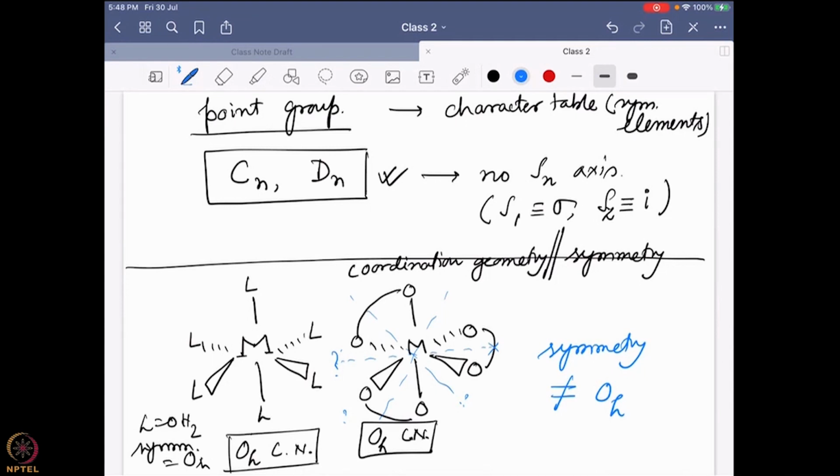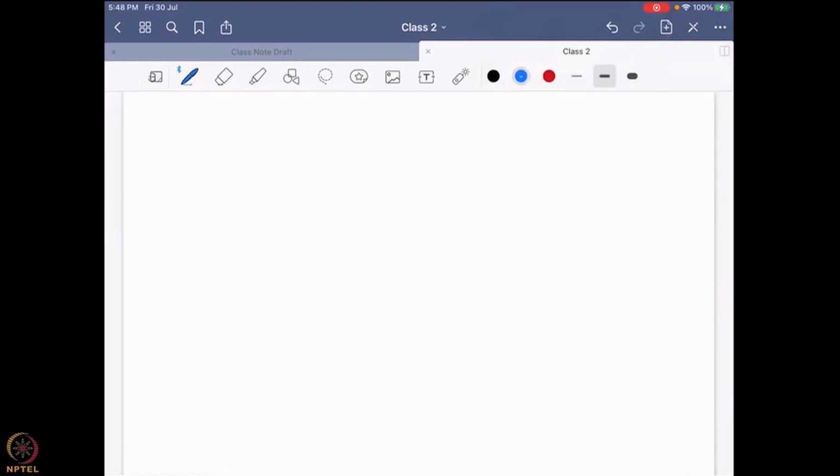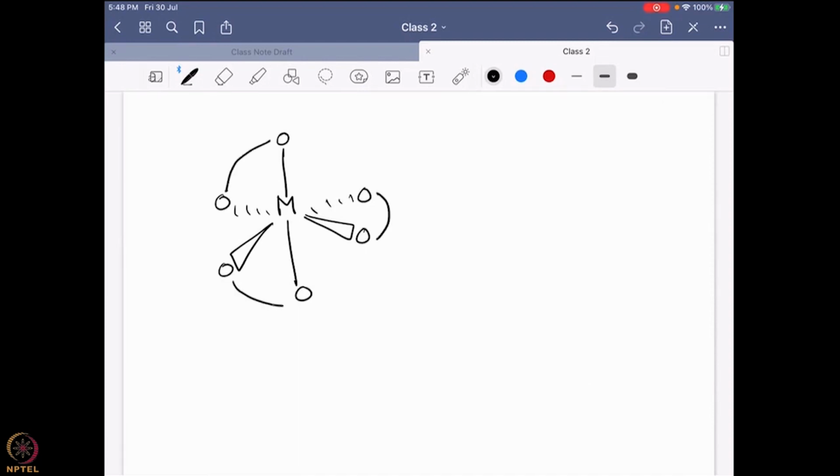So now what is the point group of this particular molecule then? Let's take another deep look into it. Over here, what is the point group of this molecule?